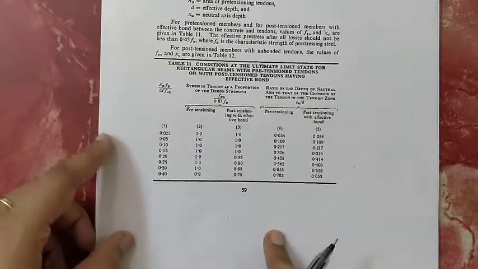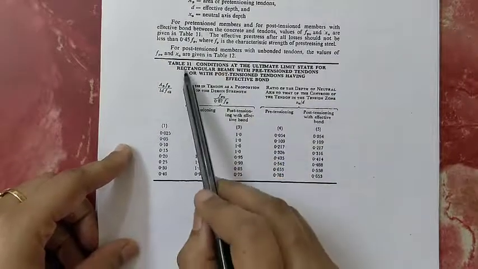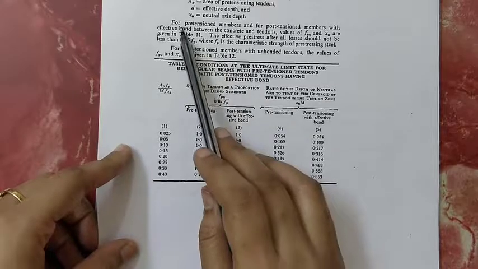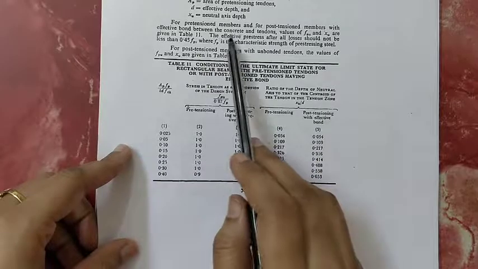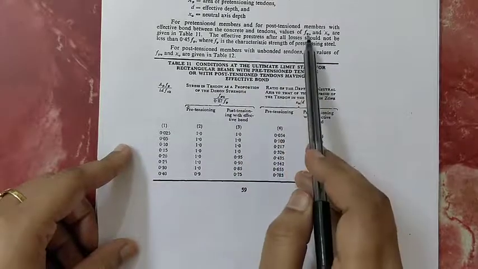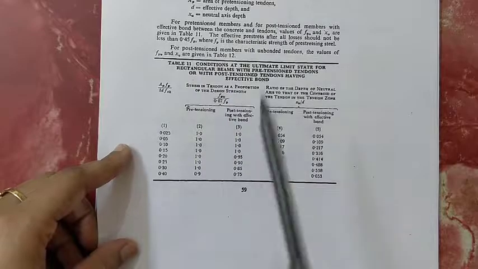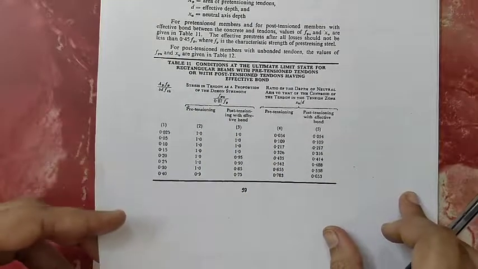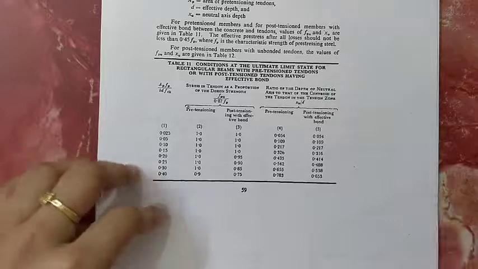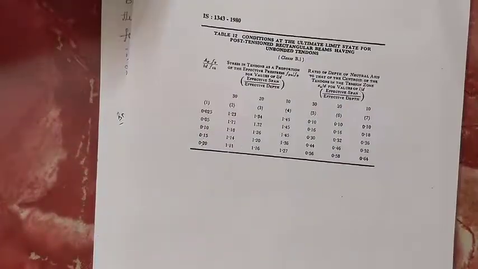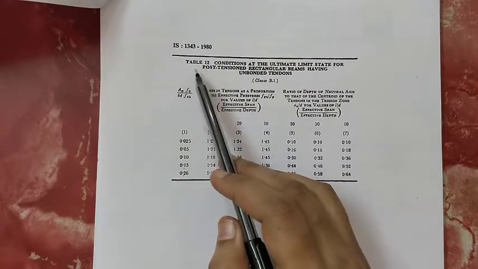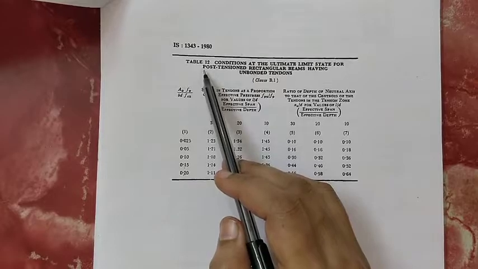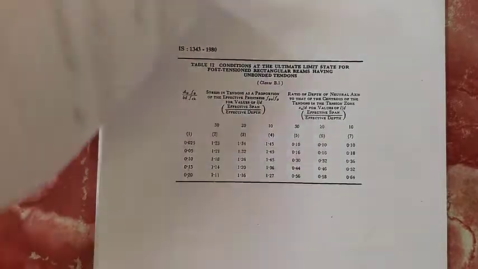You can observe here, I will read out. This is table 11. For pre-tension members and for post-tension members with effective bond between the concrete and tendon, the values of FPU and XU are given in table 11 as well as table 12. This is table 11 and this is table 12. Using table 11 as well as table 12, you are going to calculate FPU as well as XU.